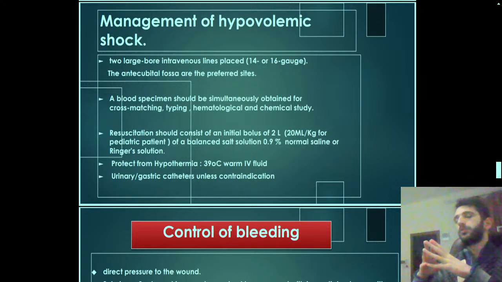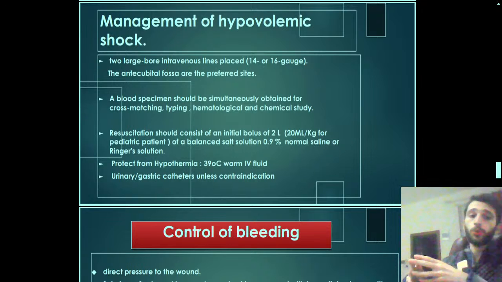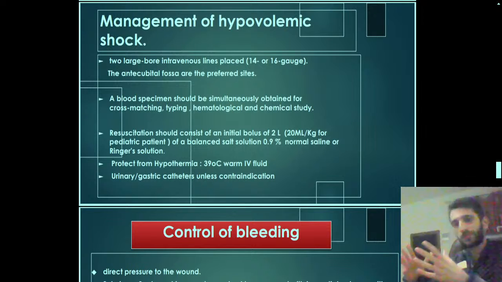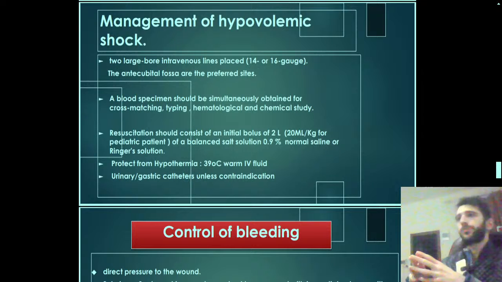Antecubital fossa, you can look it up on Google if you don't know where it is. Neither do I, but it is generally somewhere in the arm of the patient. A blood specimen should be simultaneously obtained for cross-matching.